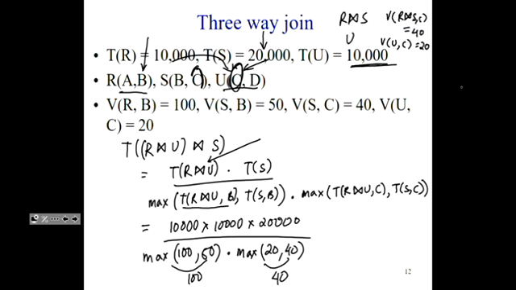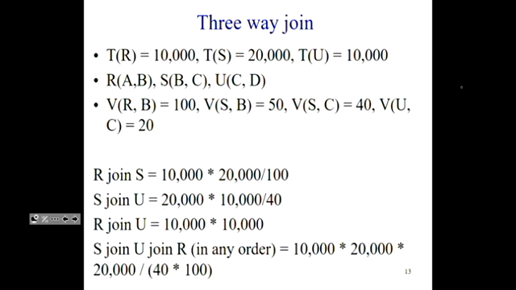Okay, so basically the nice thing about this is that using these two assumptions, the containment of values and preservation of value sets, no matter which order of joins you use, you end up with the same value, which is nice, which is what we want. Okay, so this was the expression that we had. I think this should be 10,000. Okay. All right, so that's it.